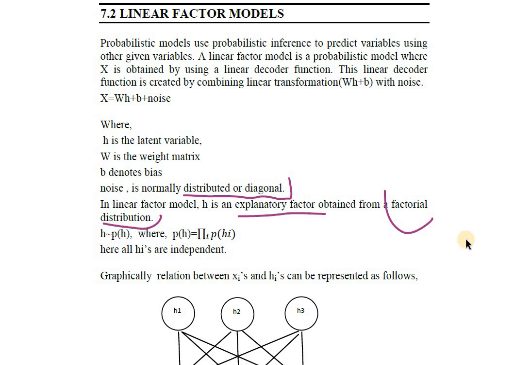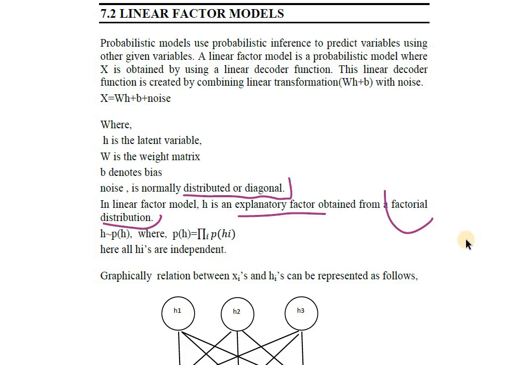Okay, so linear factor model is a probabilistic model where we are obtaining x. X is something that we wish to identify, or that we wish to calculate by using a linear decoder function. Now this linear decoder function is created by combining the linear transformation with the noise. Now how is the linear transformation denoted?